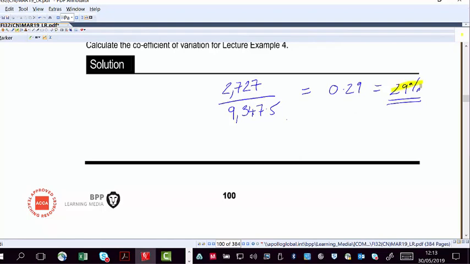So we do have a low percentage here. We have 29%, so it's less than our sort of 50% halfway mark, if you like. So a lower percentage of 29% means that most drivers cover a mileage close to the mean, 9,347.5.